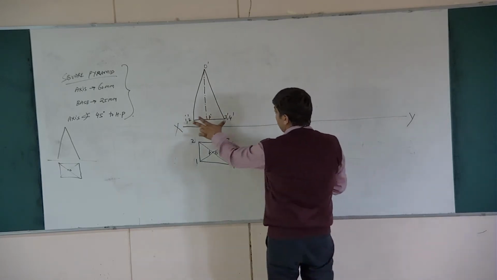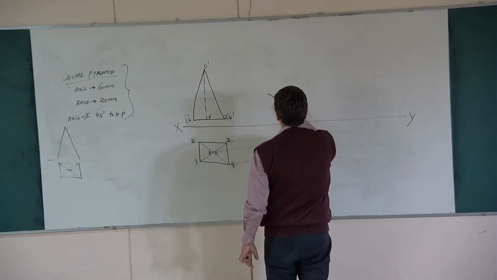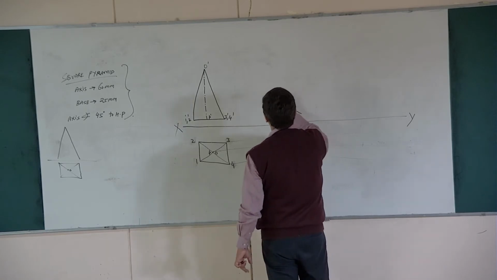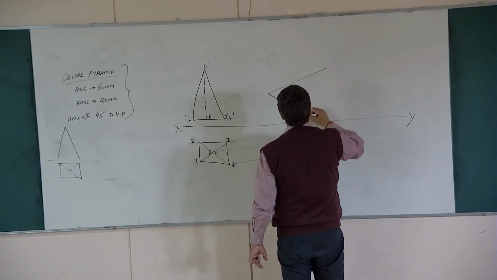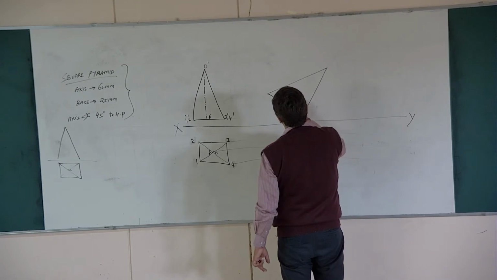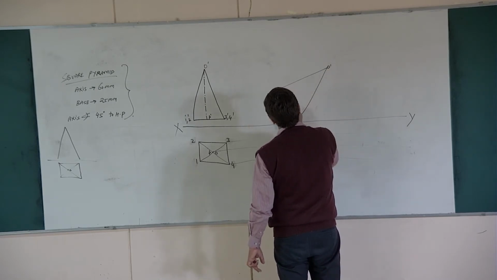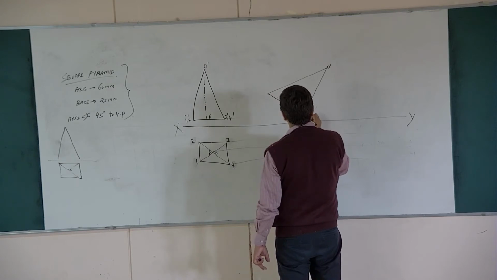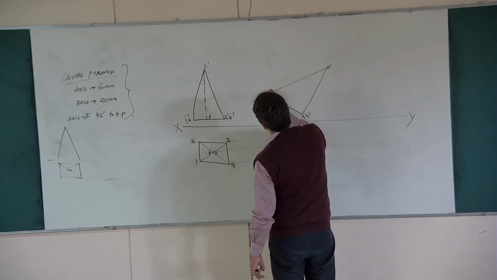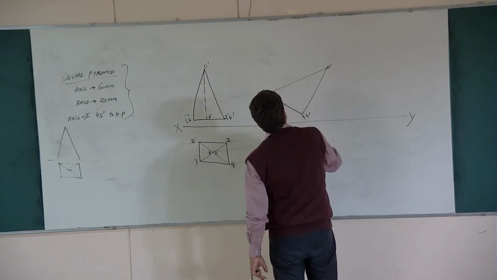So I'll take this base 1, 2, 3, 4. This is P dash. This is your 3 dash and 4 dash. This is 1 dash and 2 dash.